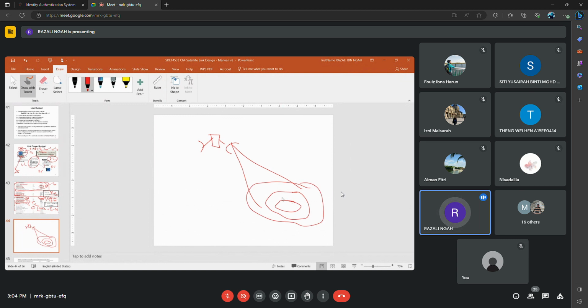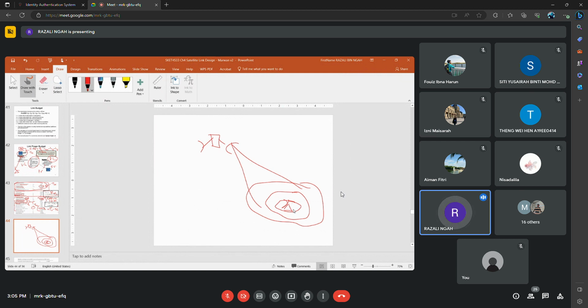Footprint refers to a zone where, in the center, if your earth station is located in the center, that means these two antennas are pointing to each other. So that means there is no loss if your earth station is located in the center.